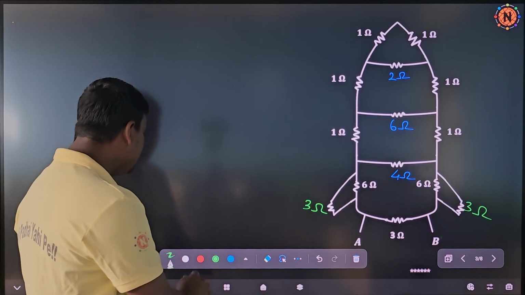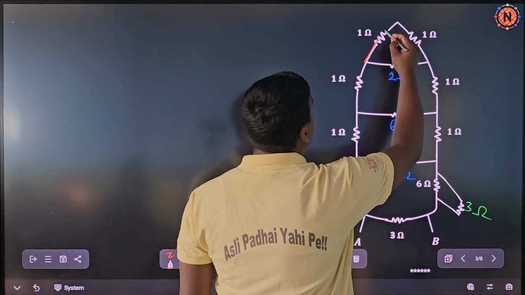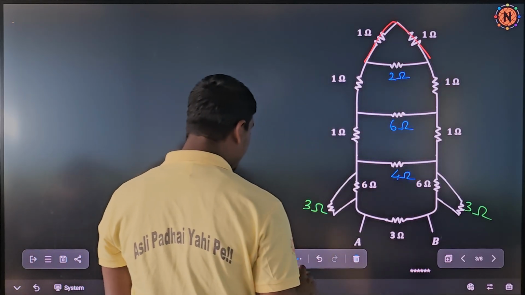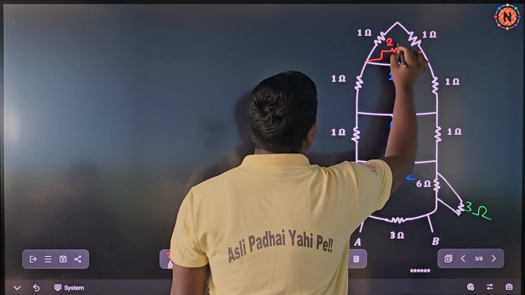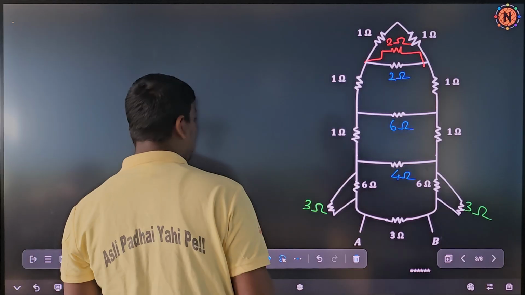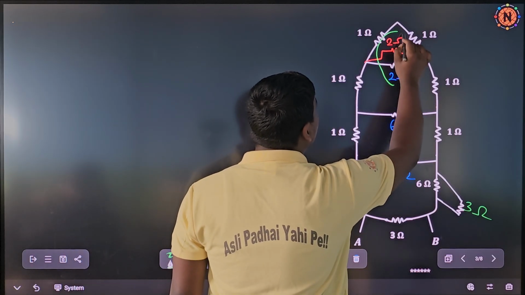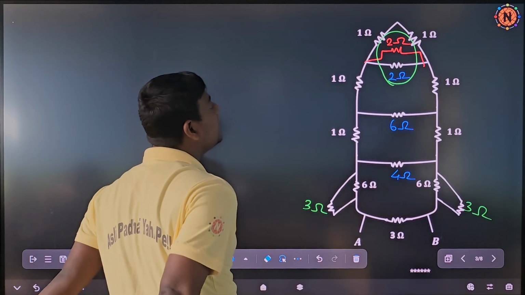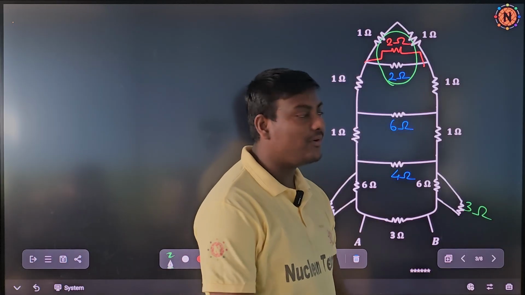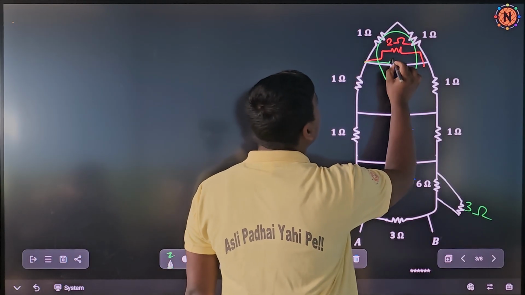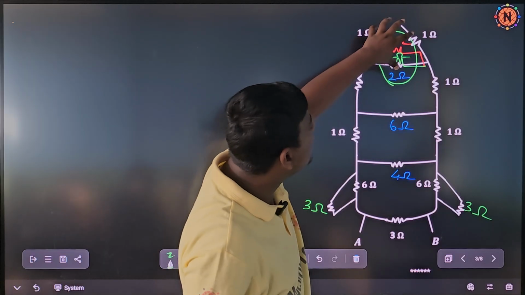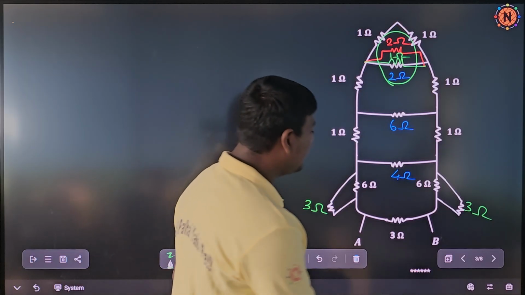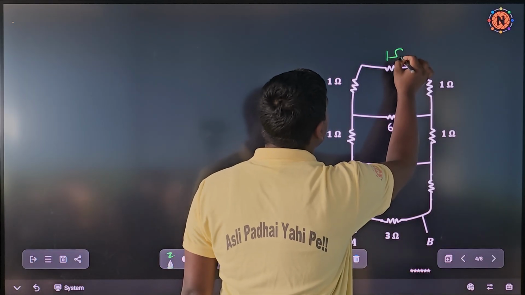Now again in this diagram we can see these 1 ohm and 1 ohm resistances are in series, so their equivalent resistance becomes just 2 ohm. 1 plus 1 will be 2. Now these 2 ohm and 2 ohm resistances are in parallel, so what will be their equivalent resistance? Just half of the value, that will be only 1 ohm. The above combination of resistances can be replaced by a single 1 ohm resistance.